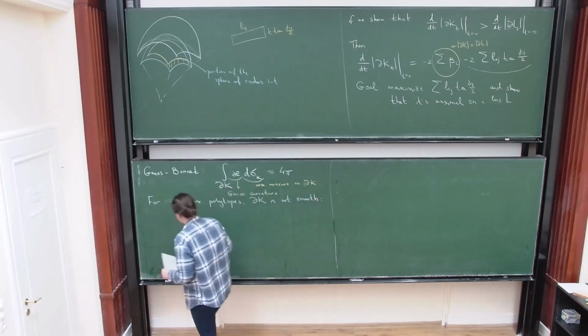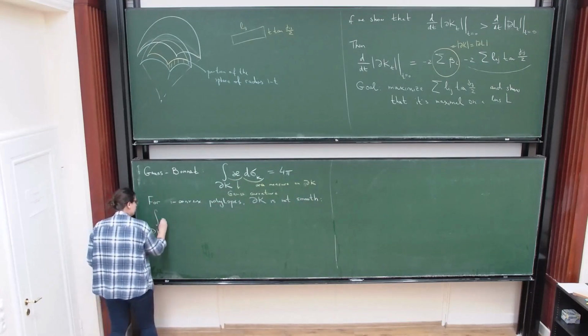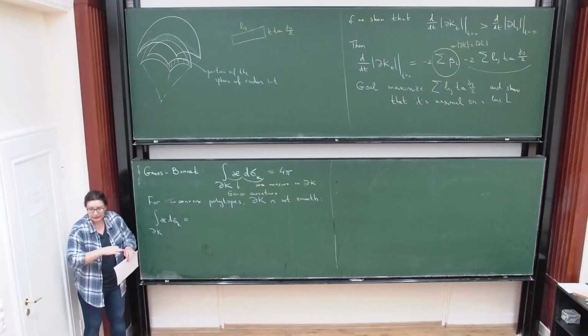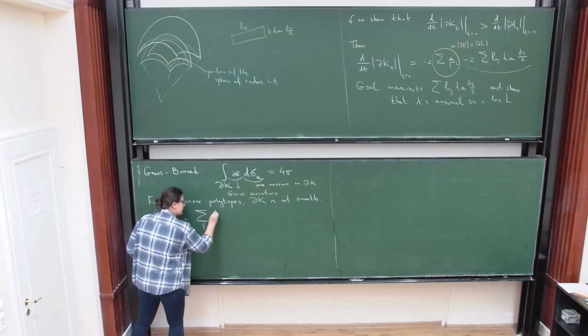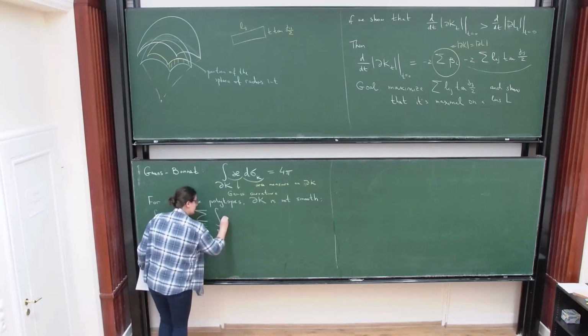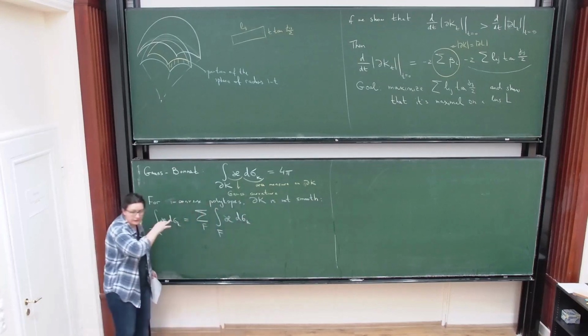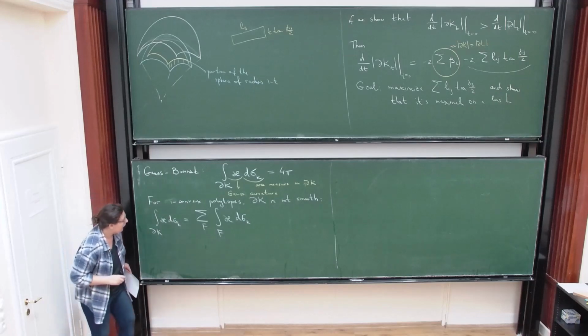So if I integrate over the boundary, I split the integration over all the facets and sum over all of them. Here I integrate over the facet, and I can write the Gauss curvature, because this is just a portion of the sphere, and I even know what the Gauss curvature there is.